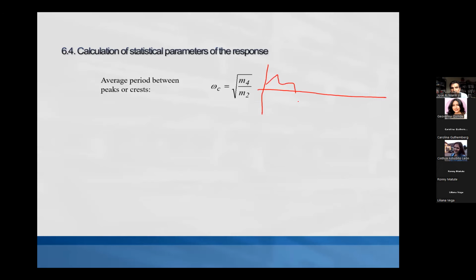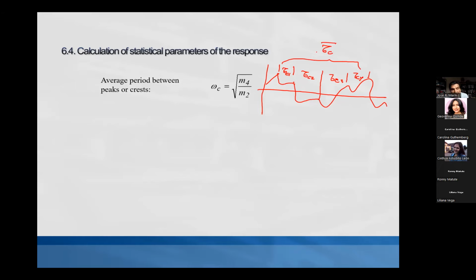We go like this. So we have a peak here and another peak here. So this is the period of the crest 1. Here to here, that's the period crest 2. This is the third, and this is the fourth. And from here, we can take an average of that.